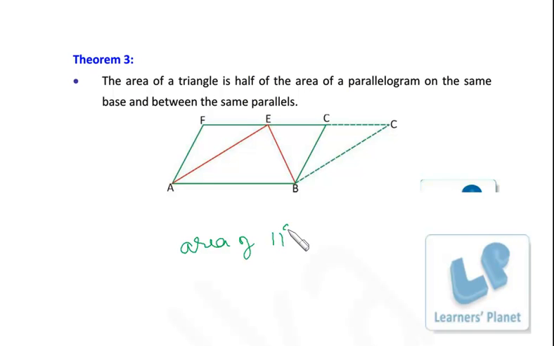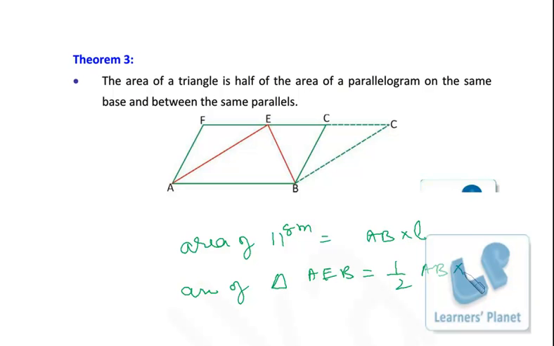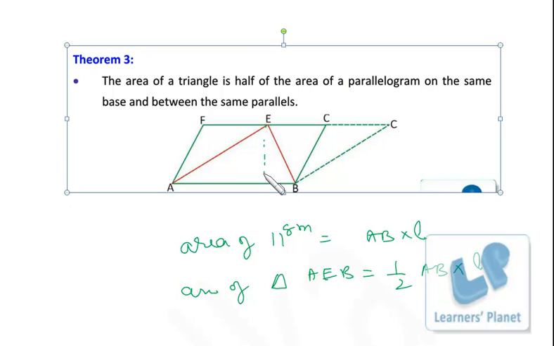Area of the parallelogram will be base, that is AB, into altitude, and the area of triangle AEB is equal to half base, and the altitude will be the same because both of them are between the same parallels, right? So this distance will be the same in both cases. So this is AB into L, this is half of AB into L. That means the area of this triangle is half that of the parallelogram.